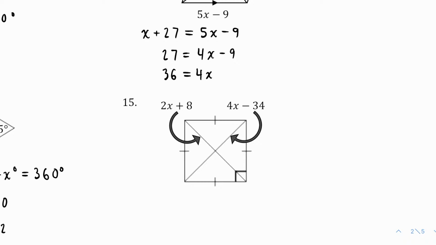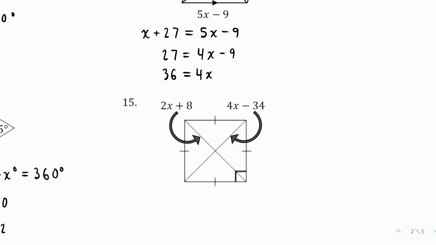What I notice is I've got 4 congruent sides. That's a rhombus. And then if I look at my Venn diagram on my reference sheet, it's a rhombus with a right angle. So it's both a rhombus and a rectangle. It's a square.